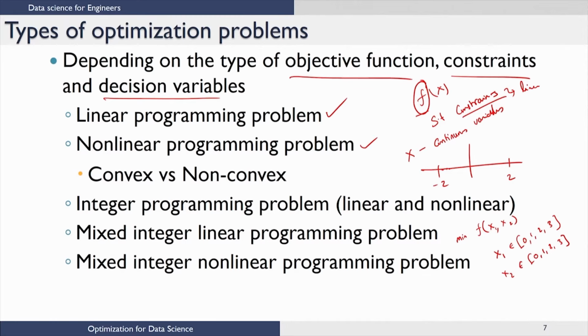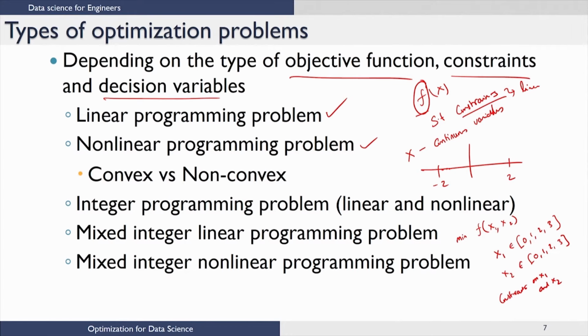So, this is called an integer programming problem, and you could have constraints on x1 and x2 also. And if the objective function and constraints are linear, then we call this a linear integer programming problem.